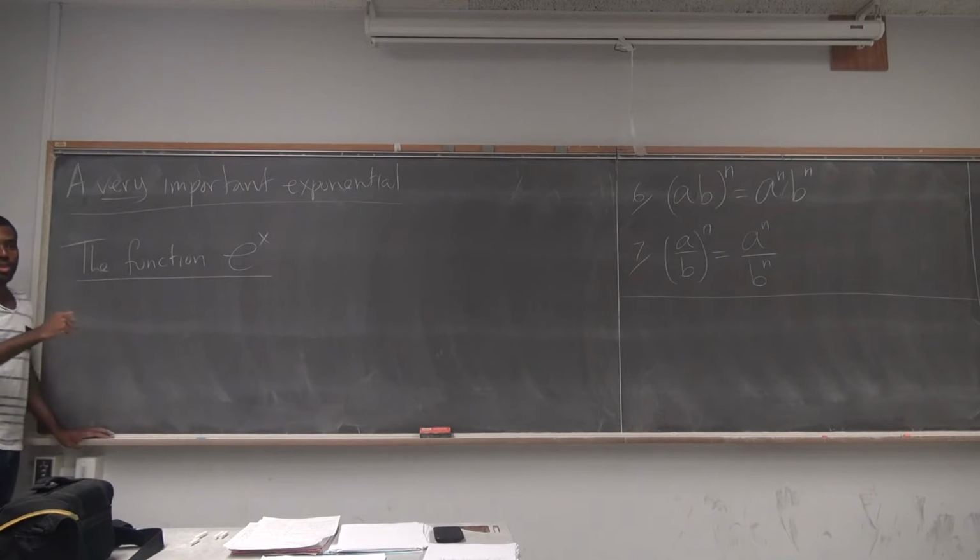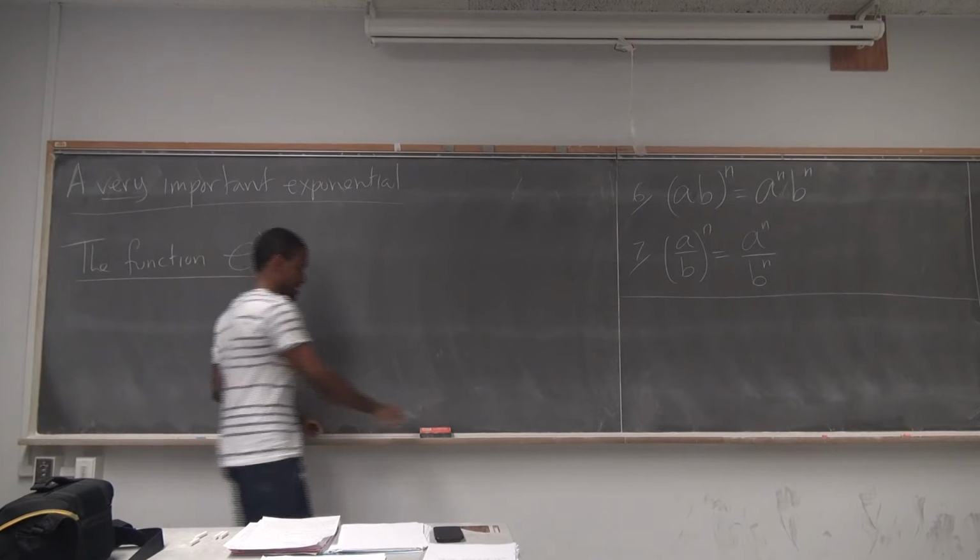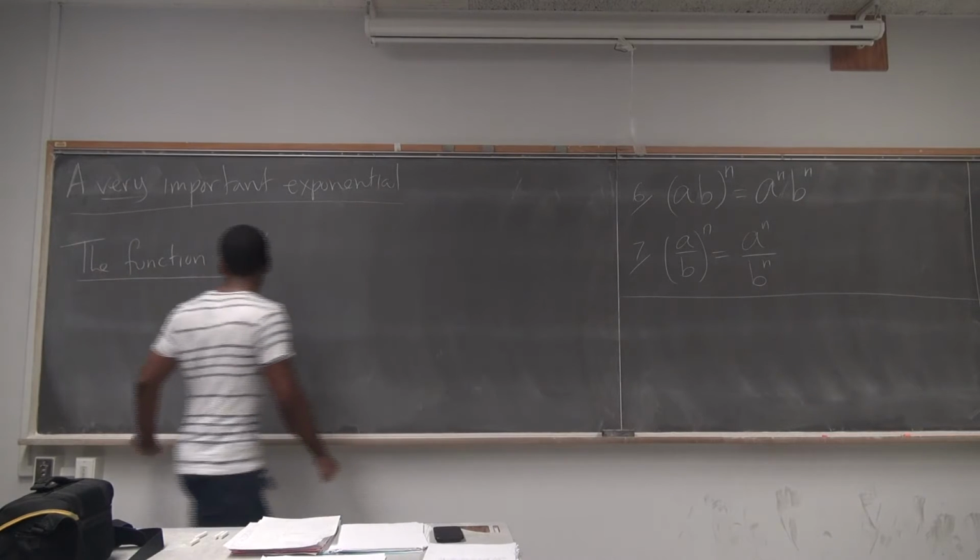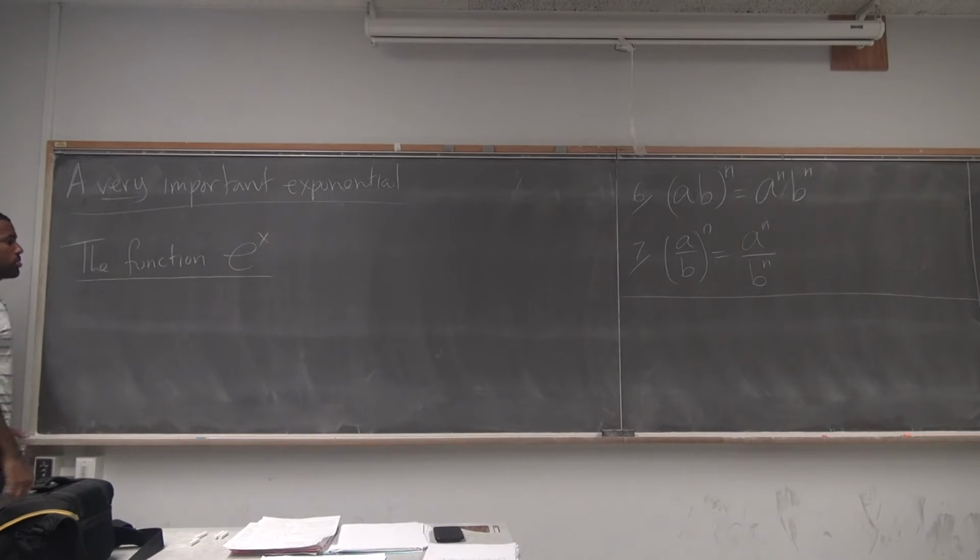Has anyone seen that before? Okay, brings back good memories, doesn't it? Good times. It's a very important exponential function. Y equals e to the x. It also looks like this.